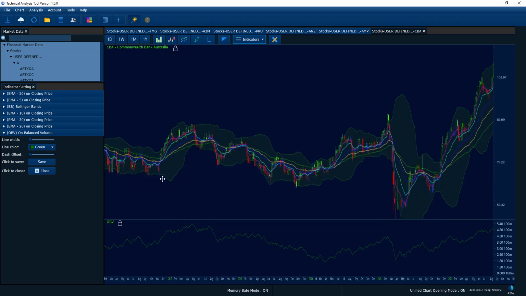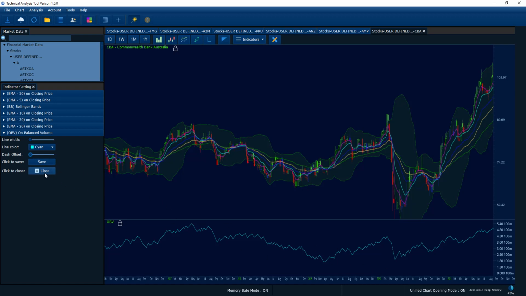Because this is a very simple indicator, you don't have much to configure. You can change the line width as usual, change the OBV line color, and the last configurable thing is you can make a dashed line or solid line by moving this slider.